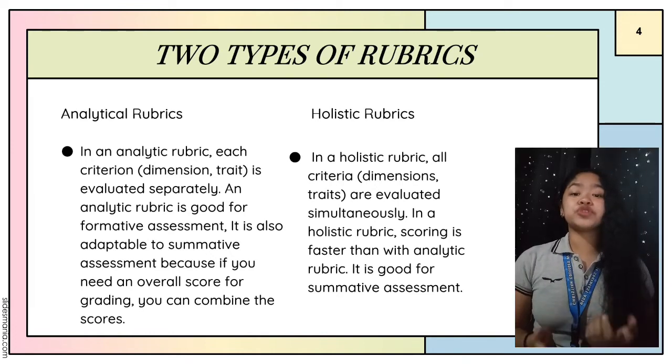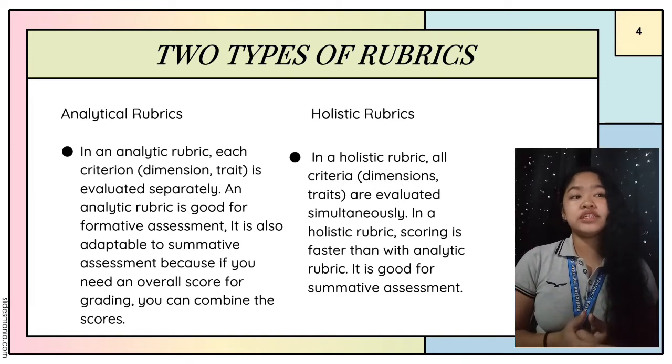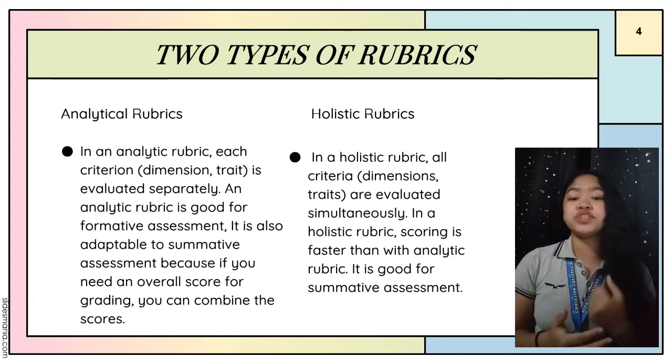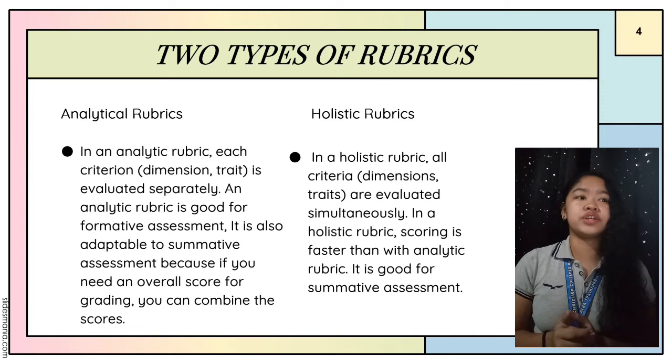A holistic rubric is made of a single scale that takes into account all criteria for the evaluation, for example, clarity, organization, and mechanics. The rater assigns a single score, usually on a 1 to 4 or 1 to 6 point scale, to the students' work using a holistic rubric.